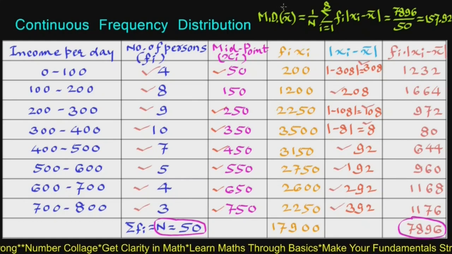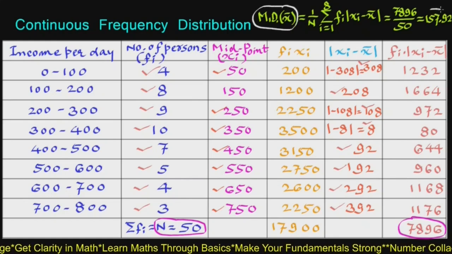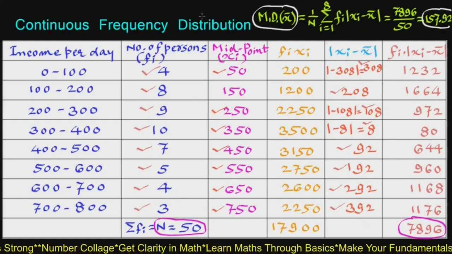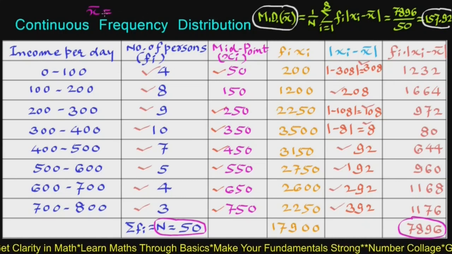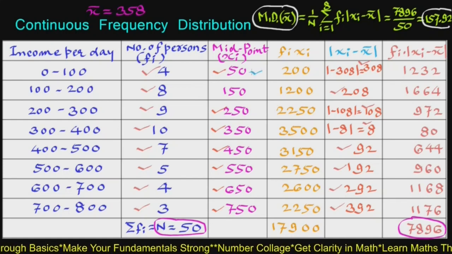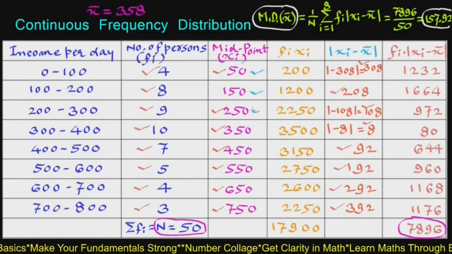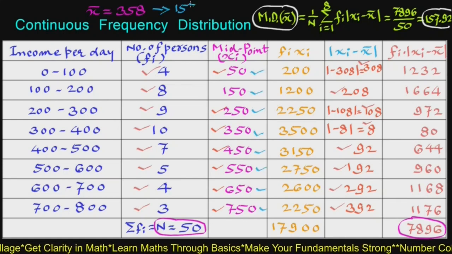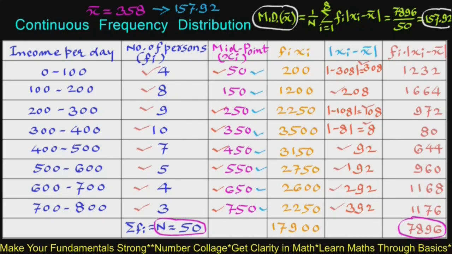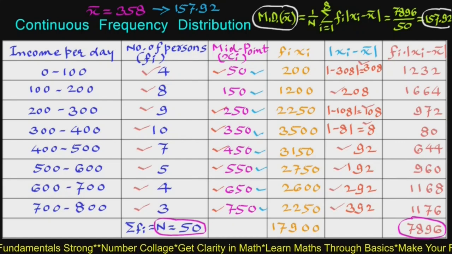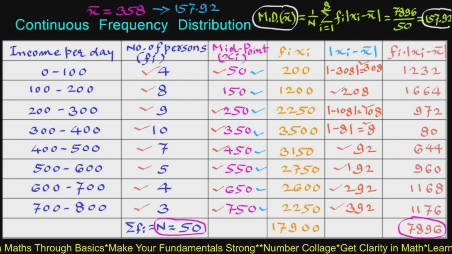So the mean deviation about mean is 157.92, which shows the average distance of the mean x bar, which is 358, from each of these midpoints is 157.92, which shows the variability or measure of dispersion of the given data.